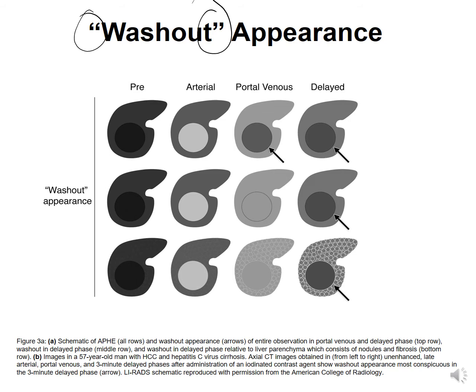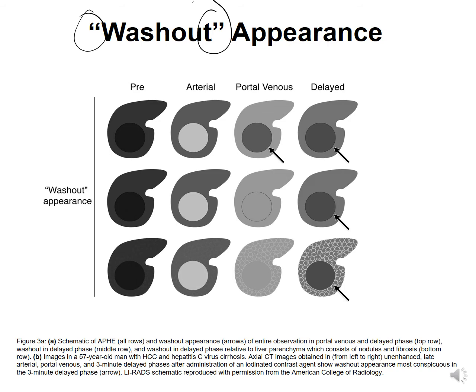Now you have to remember that this washout has to be measured on the portal venous phase and not on the delayed phase, because the rapid uptake of the agent by background hepatocytes is substantially enhanced in the delayed phases.